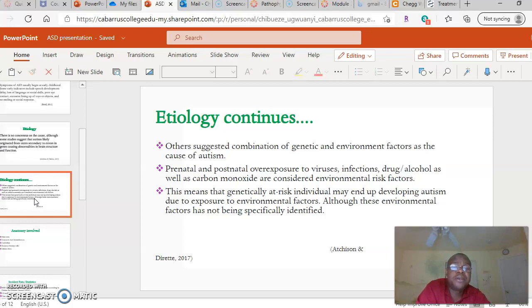That means a genetically at-risk individual may end up developing autism due to further exposure to environmental factors.